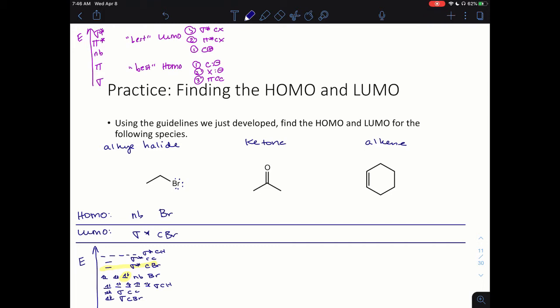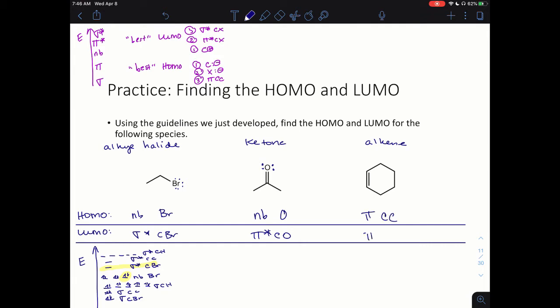So let's try for the ketone. So for the ketone, there is no carbanion, but there are lone pairs on oxygen. So the non-bonding electrons on oxygen, that is our HOMO. The LUMO, well, there is no carbocation, but there is a pi star CO in that double bond. So that's our LUMO. For the alkene, there is no carbanion, there is no heteroatom, but there is a pi CC.